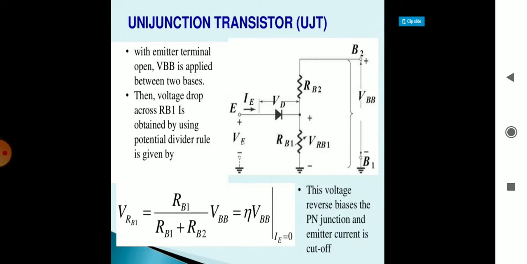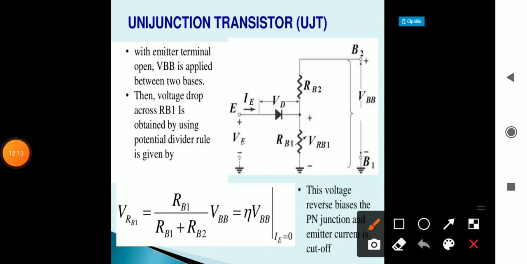So what are we doing at the start? We are not supplying a VE, when this VE is open circuited. We are supplying the voltage from VBB. When a voltage is supplied between the base terminals B1 and B2, the current will flow in this circuit. Because of this current, a drop will occur across the RB1 resistor.